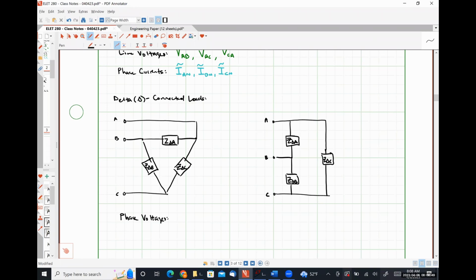A double subscript notation means one of our terminals is going to be the positive polarity terminal and one of the other terminals is going to be our negative polarity terminal. So I'm looking for something like VAB, VAC, that kind of thing. So VAB, absolutely. And then VBC. And VCA like so.